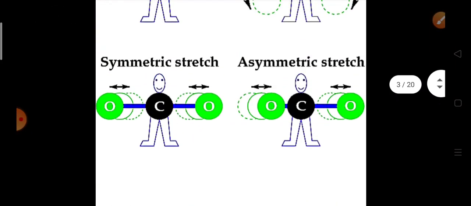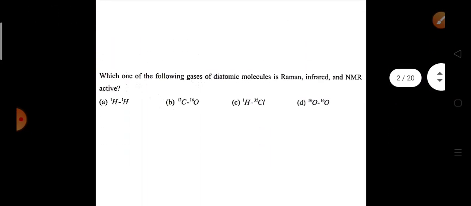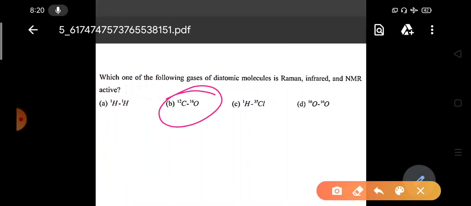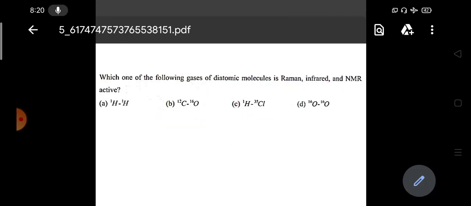Now we have to find out which nuclei have an odd number of nucleons. Here C12O16 has an even number, so we cannot get a spin half nucleus. And here option C, that is H1Cl35, is the correct option because it can give you Raman, infrared and NMR active spectra.